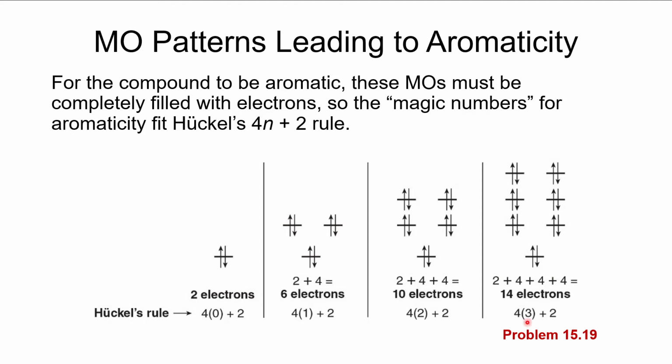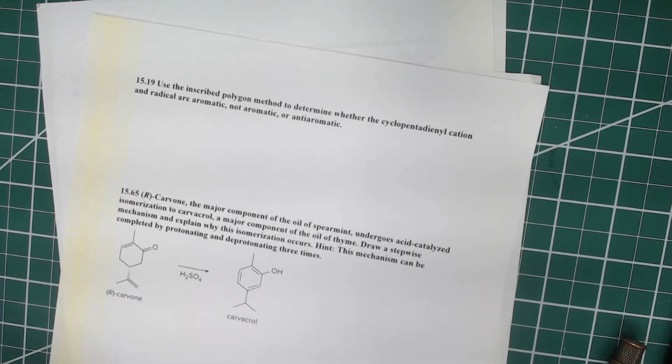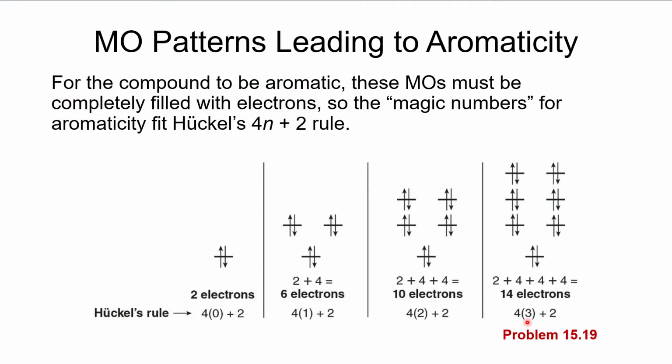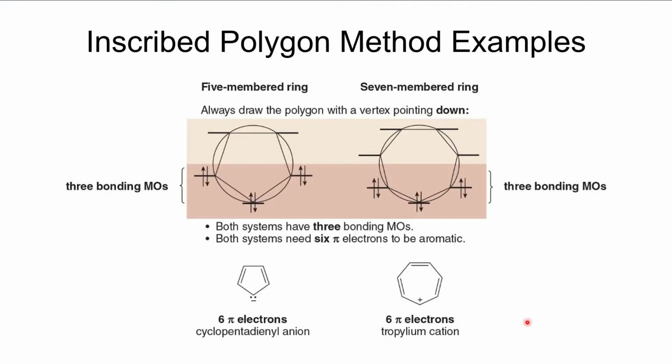Let's look at number 19 on our in-class assignment. Go back over here to our document camera. So we just looked at the cyclopentadienyl anion, and I'm just going to go back to that real quick. So here, this is our cyclopentadienyl anion.